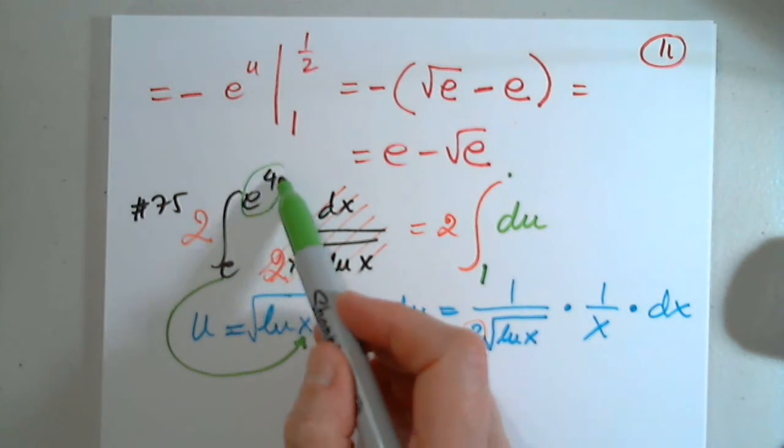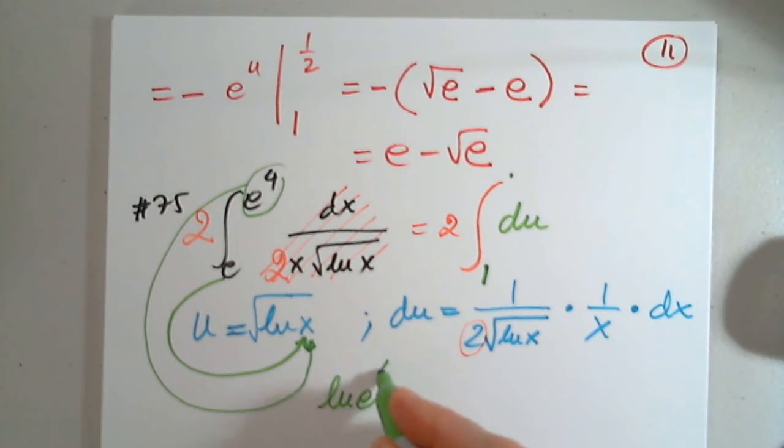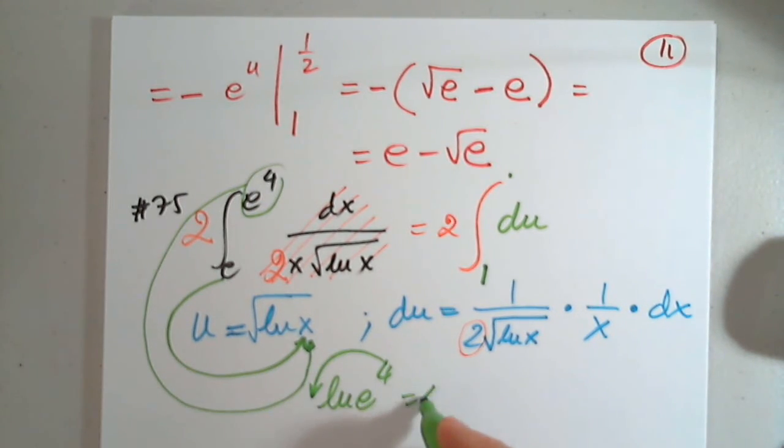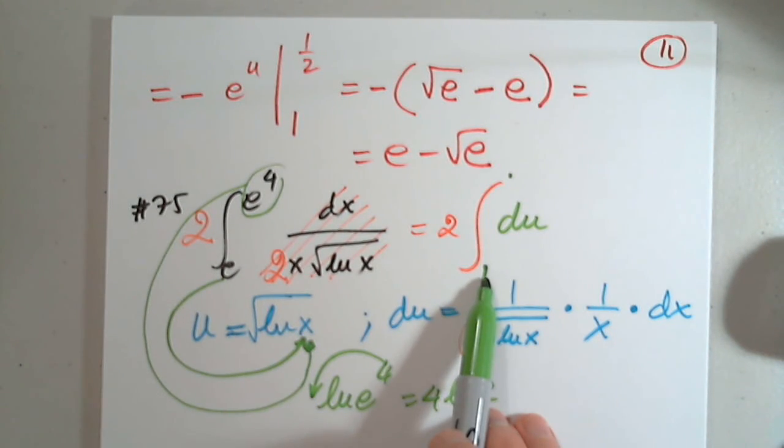So now when x is e to the 4th, how much is natural log e to the 4th? So when I plugged in e, I determined the lower limit.